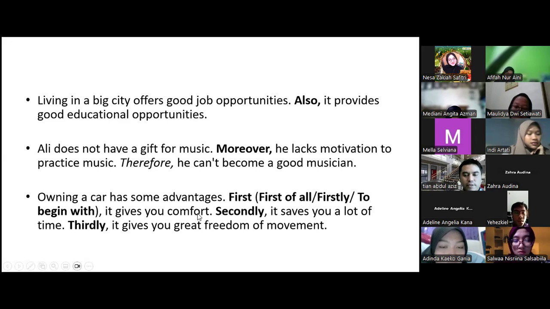It's the first explanation about the advantages of owning a car. And secondly, it saves you a lot of time. And thirdly, it gives you great freedom of movement. So you list all the advantages of owning a car.